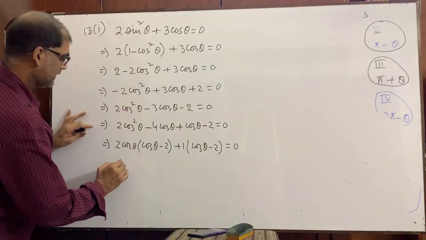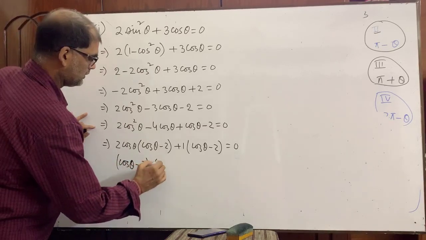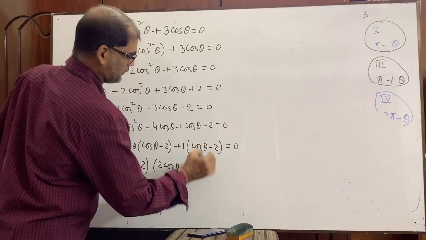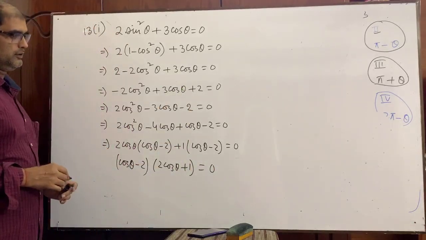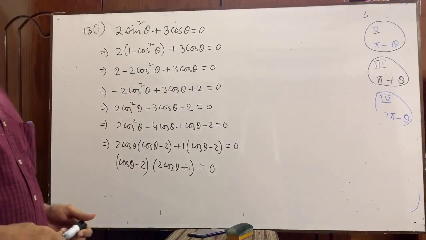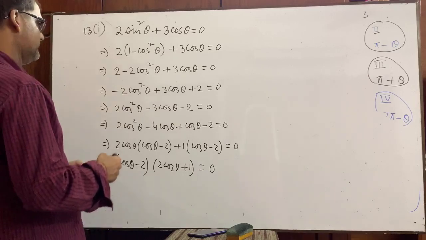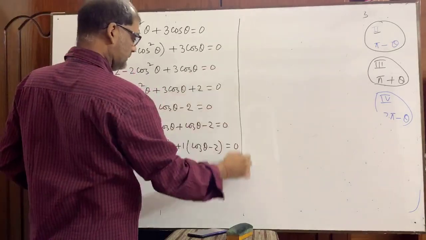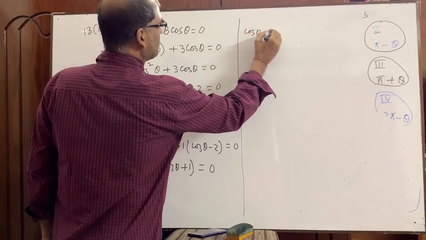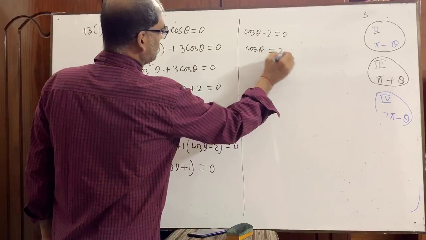So we are getting here cos theta minus 2 and 2 cos theta plus 1 equals to 0. Okay. From here, what we get? We get either cos theta minus 2 equals to 0 or cos theta equals to 2.